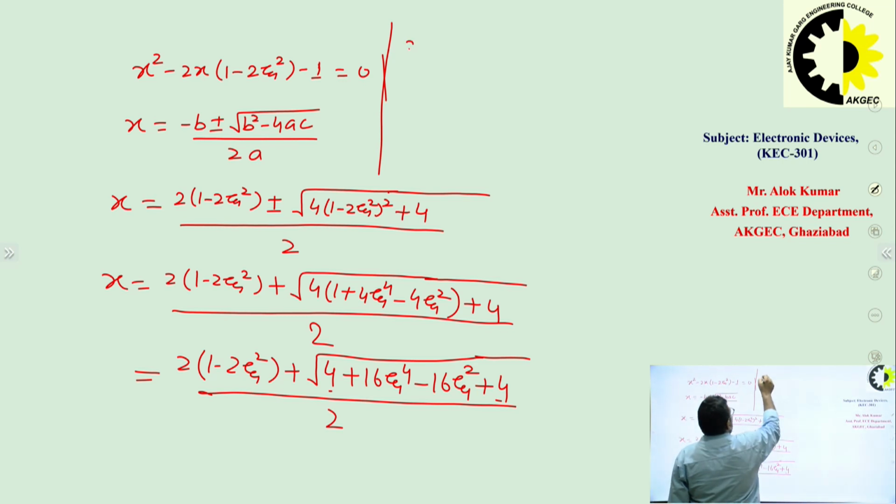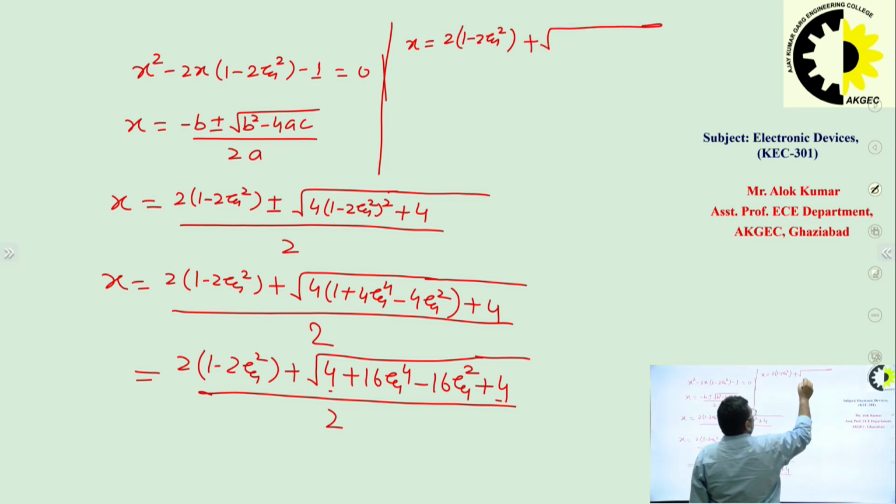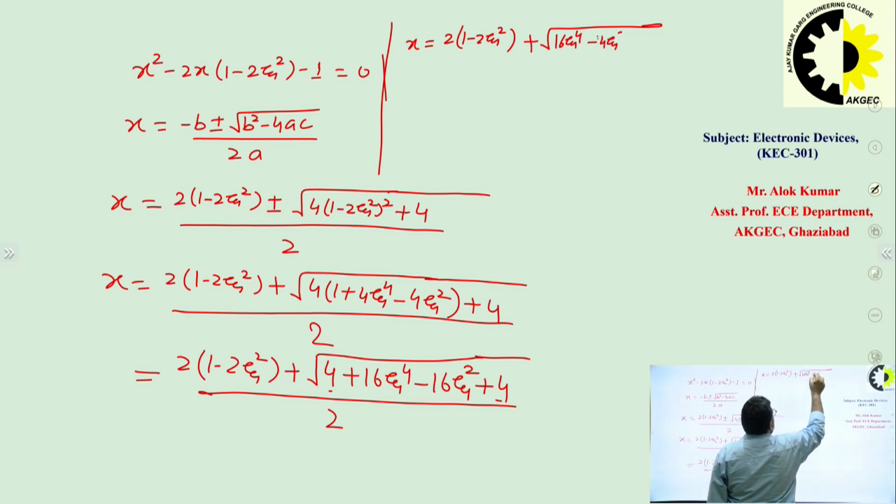So this 4 and 4 will add up, and we can write x is equal to 2 into (1 minus 2 zeta square) plus under root of 16 zeta to the power 4 minus 16 zeta square plus 8, divided by 2.